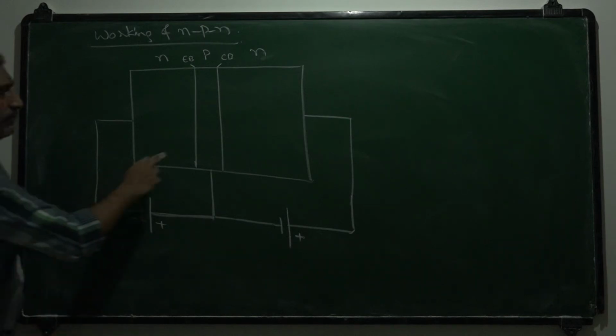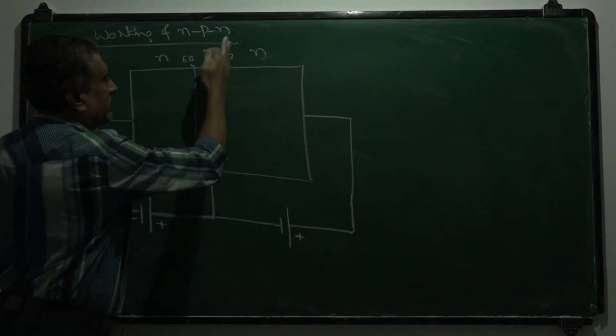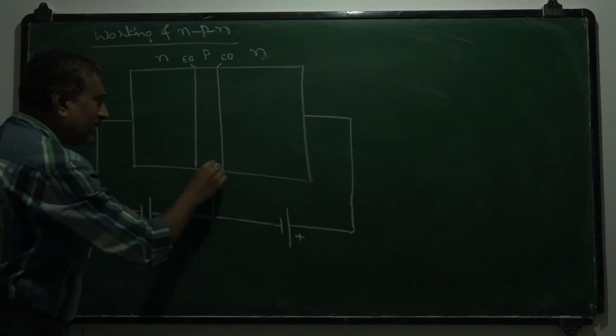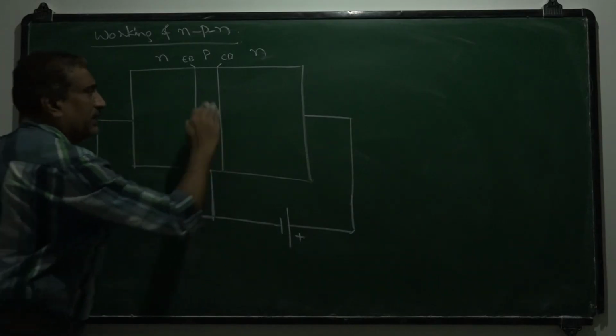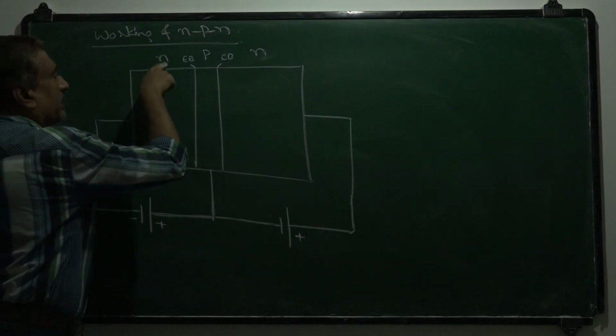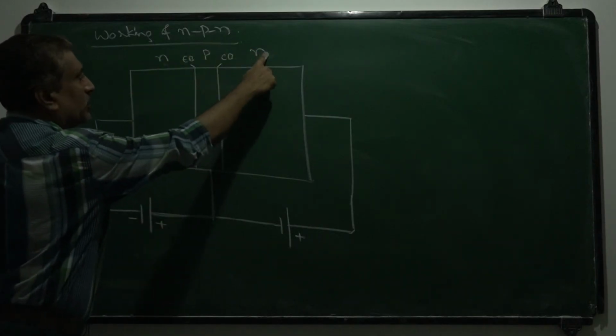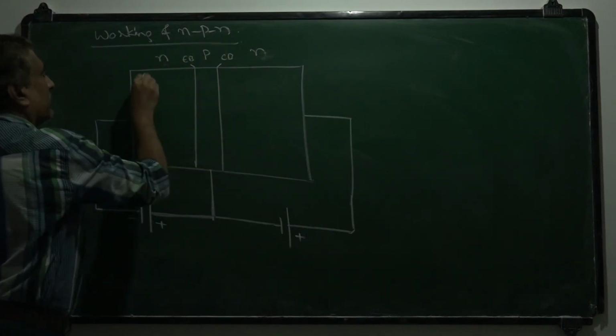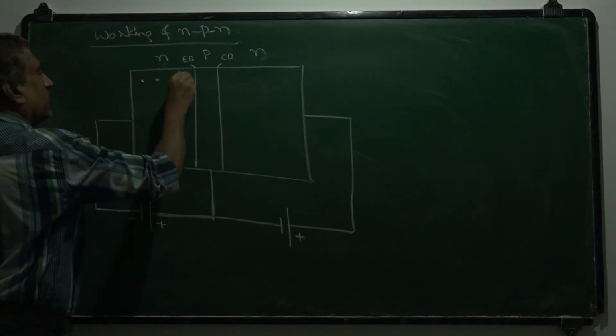So in this way, in this NPN transistor the emitter base junction is forward biased and the collector base junction is reverse biased. So in this case, in this N region and this N region, the majority carriers are electrons. So it consists of a large number of free electrons.